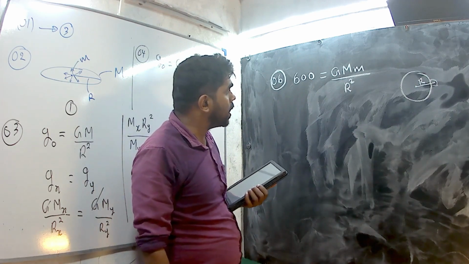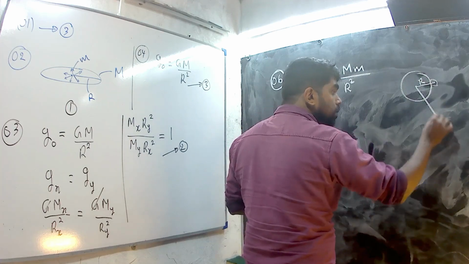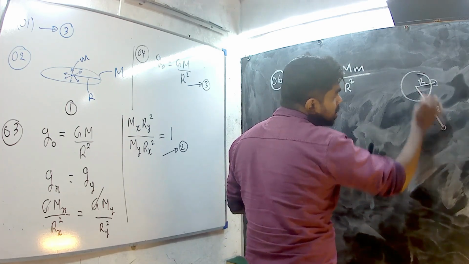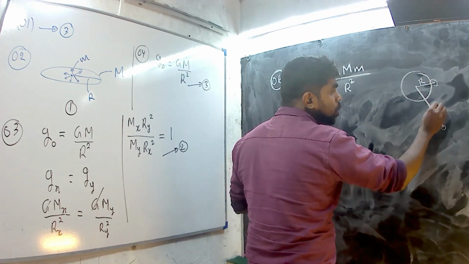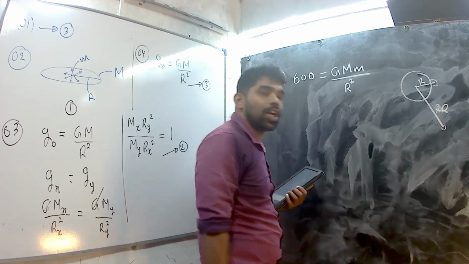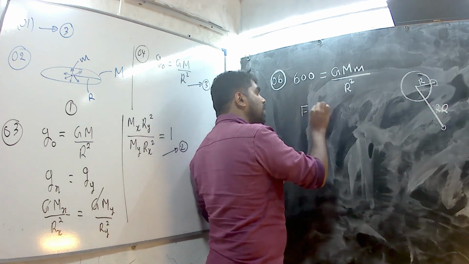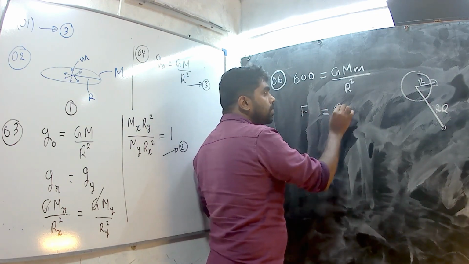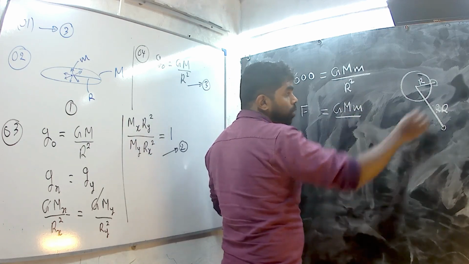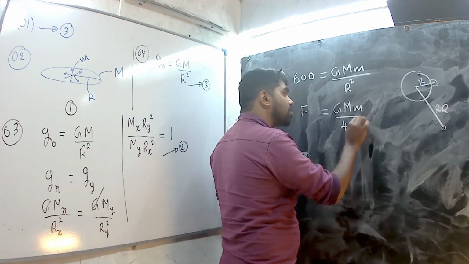Now we have to consider the second situation, where the object is placed at R height from the Earth's surface. It means the total distance from the center of the Earth to the object is 2R. Now we have to find the gravitational force, which I will call F. F equals G, mass constants, M m, divided by 2R squared, which is 4R squared.